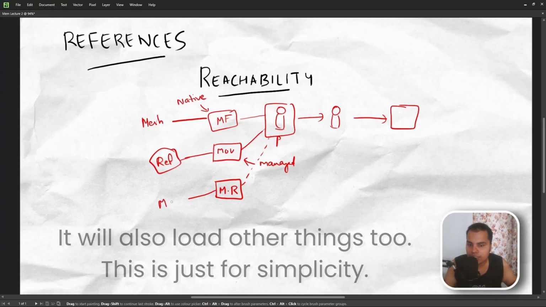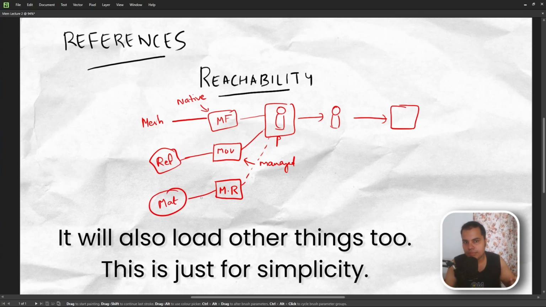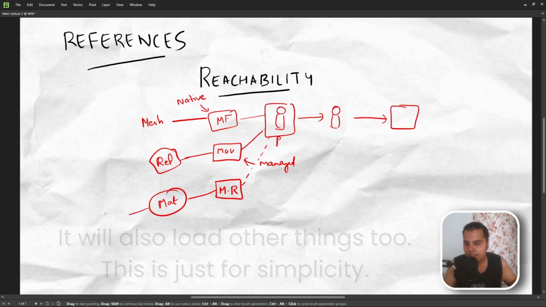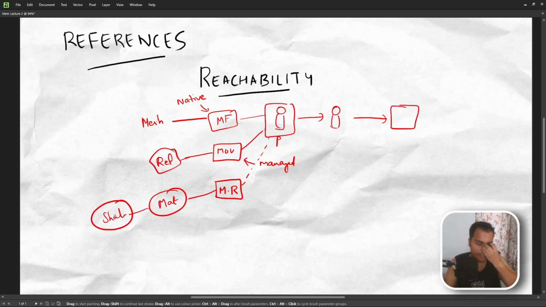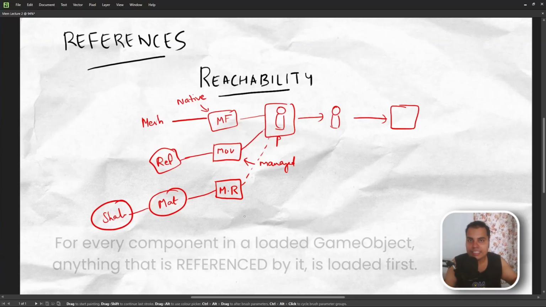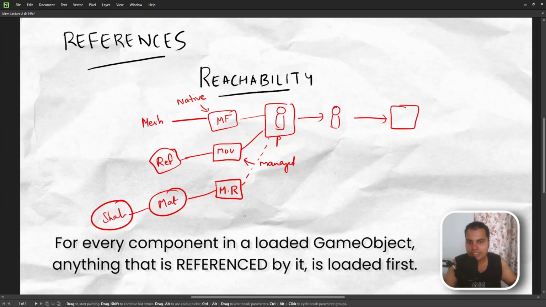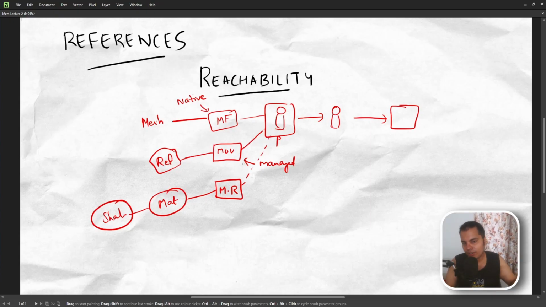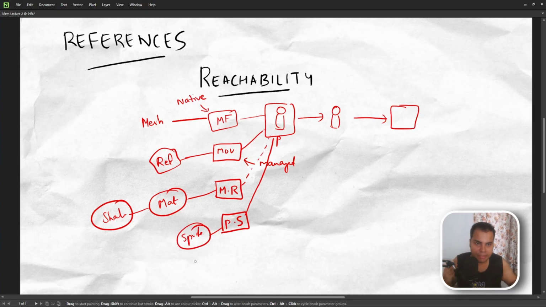It will load the material of the mesh. And what does the material load? It will load the shader. And you can see for each component inside your game object, anything that is referenced by it is loaded first. You can see that this list could go on. If you have, let's say, a particle system in the player, it will load the sprite, right? For the particle system, it will load everything that is needed for the particle system.